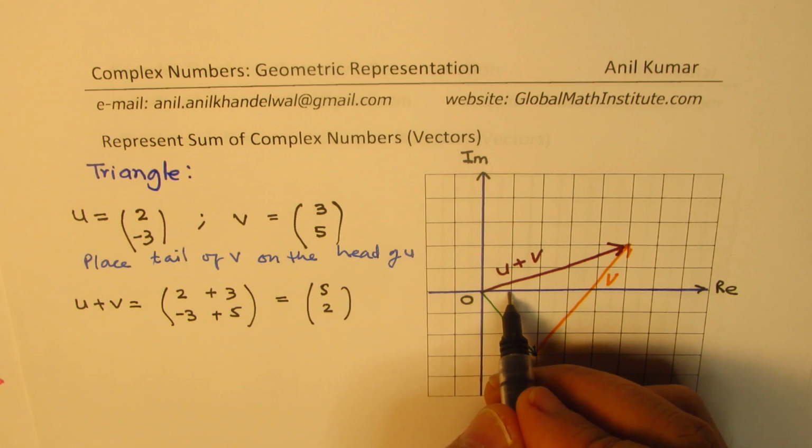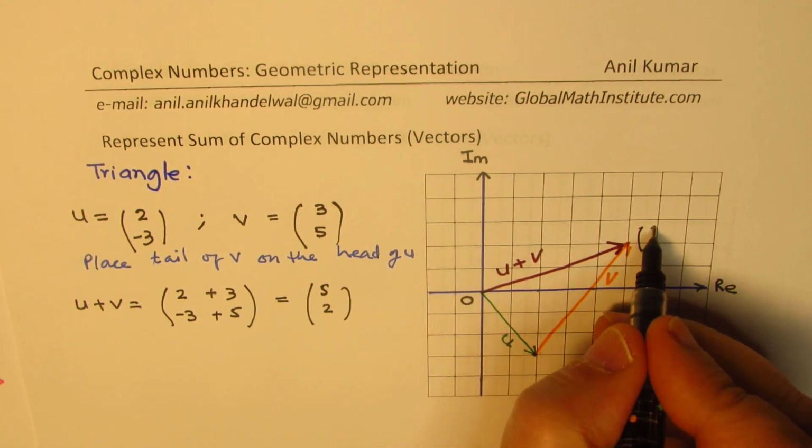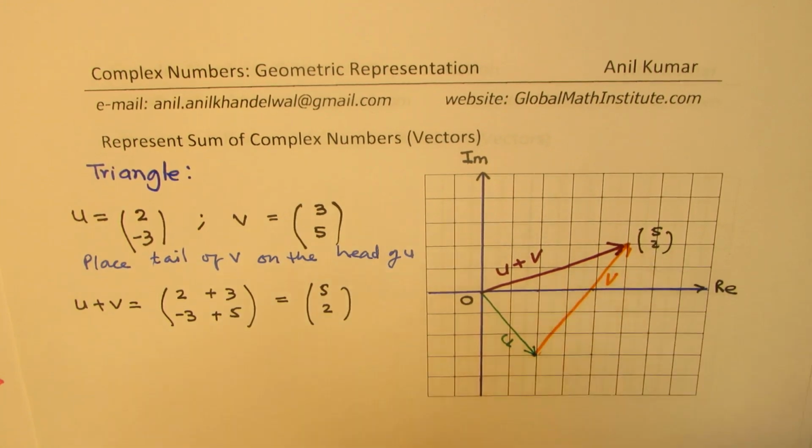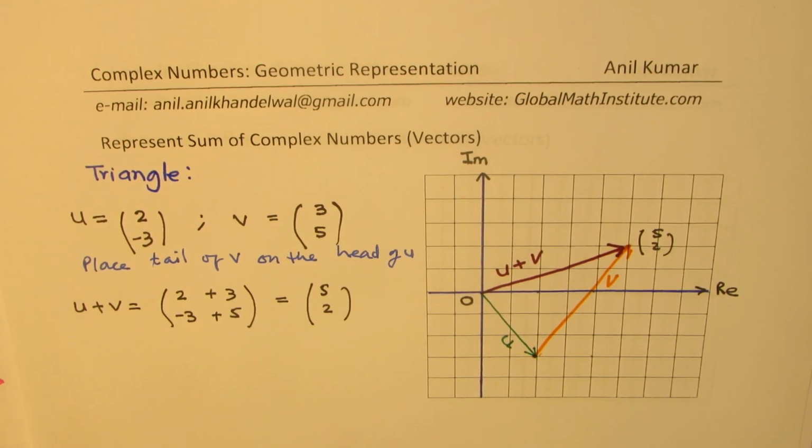So you can note here 1, 2, 3, 4, 5, 2, right? So this vector is indeed 5, 2. Is that clear to you? So that is how you can perform addition of complex numbers when you are using the vector method, right? So using a triangle, that's how we can actually add them.